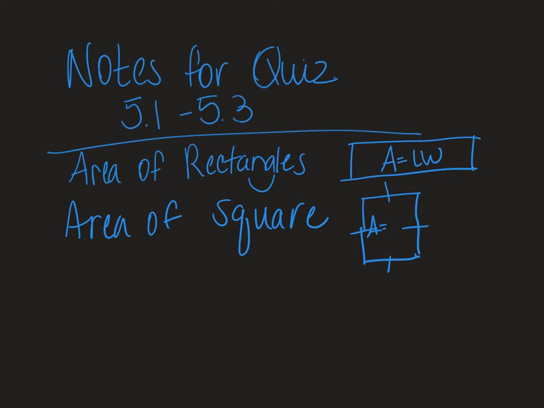Area equals length times width, which is the same, or S squared, which is whatever the side is squared. Okay, like let's say the side of this square is 4 centimeters. Then it would be area equals 4 squared, which is area equals 16 centimeters squared. Okay, so that's the formulas. I'll be writing those on the board. So you'll be finding area of those.